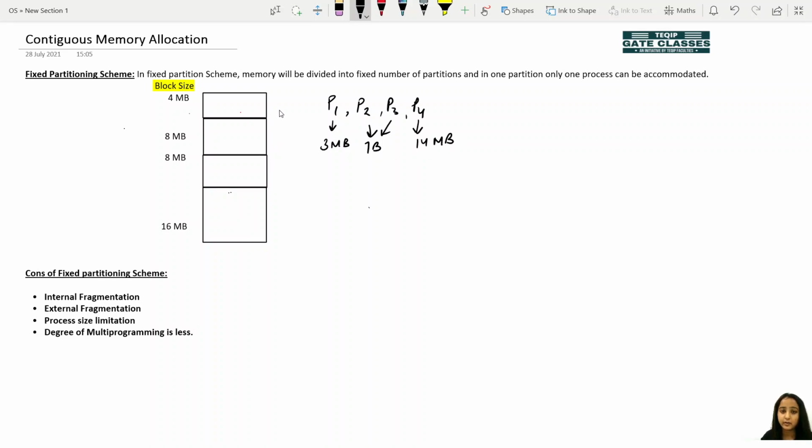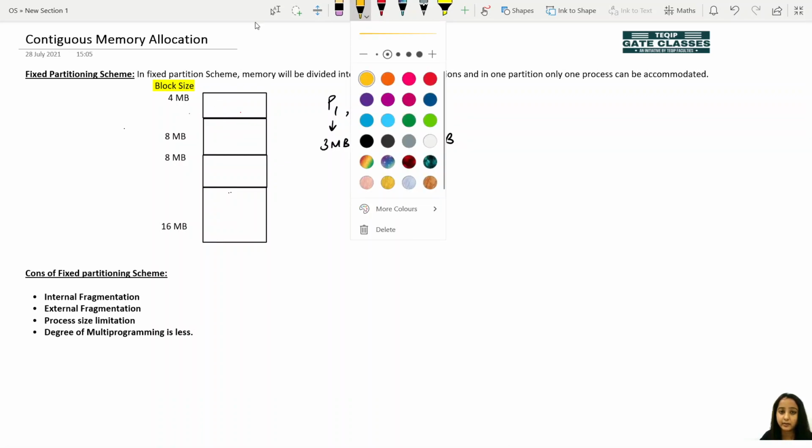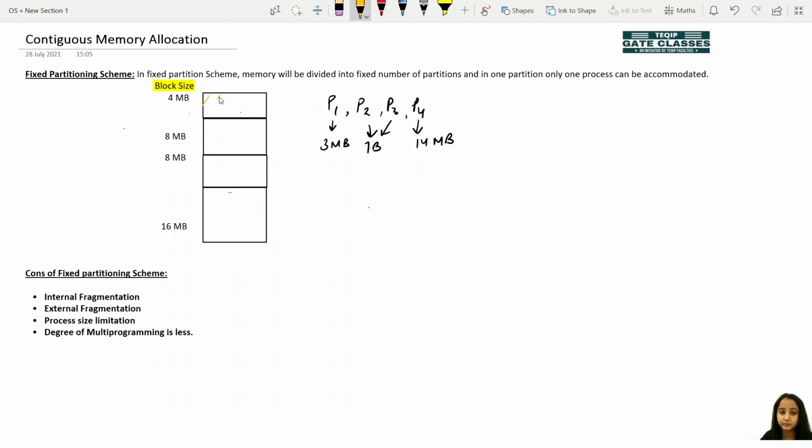Okay, so let me place these processes using the fixed partitioning scheme. First I will place the first process, P1, here. How much memory is left? 1 MB. If a 3 MB process is allocated to the first block, 1 MB space is left. Then P2 came, it is allocated in the second memory block because it can't be accommodated in the first memory block.